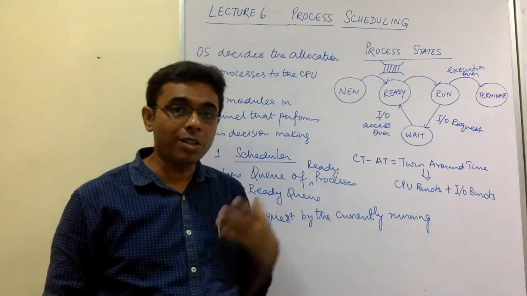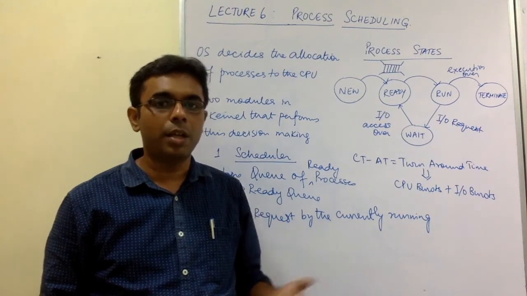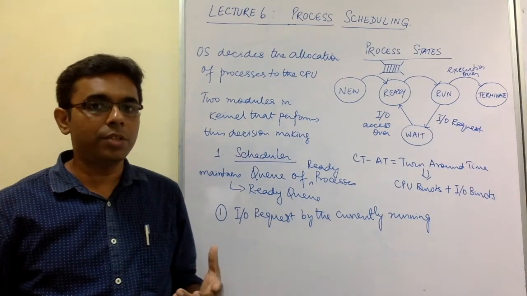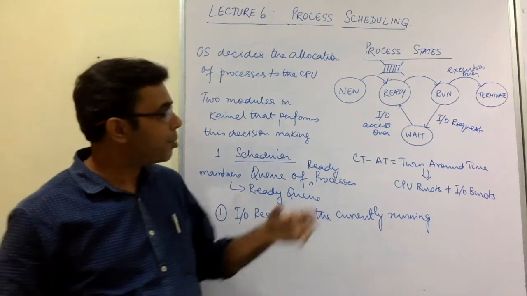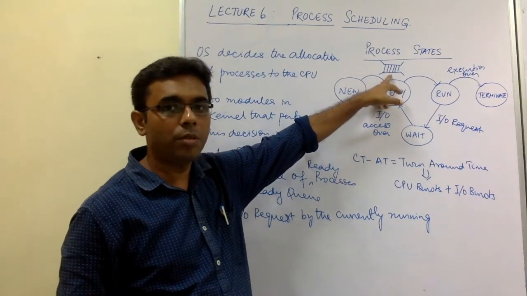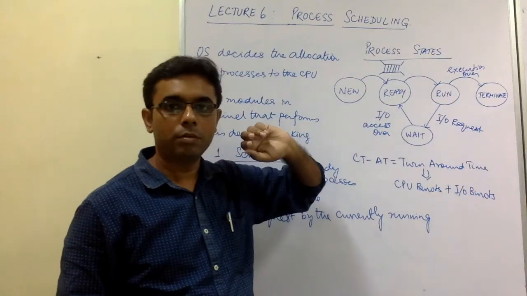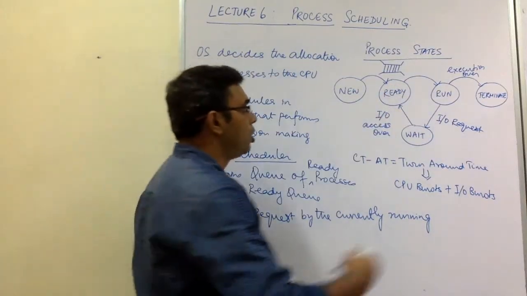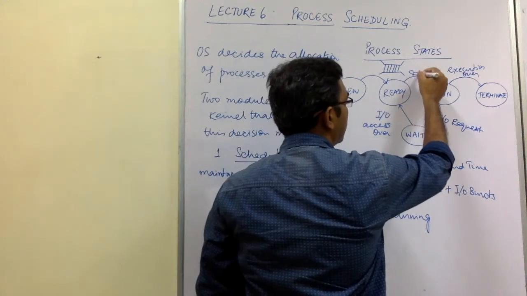Because the running process has moved into the wait state and the CPU has become idle, a decision has to be taken: is there any process in the ready queue? If there is at least one, it should be allowed to run. It should move from the ready state to the run state. So the scheduling has to be done here.